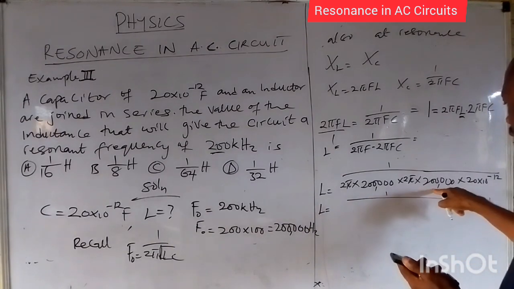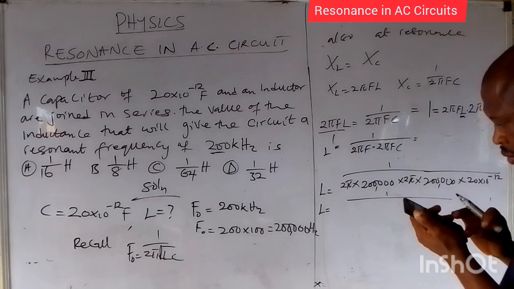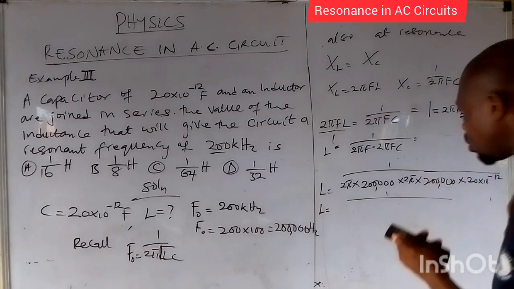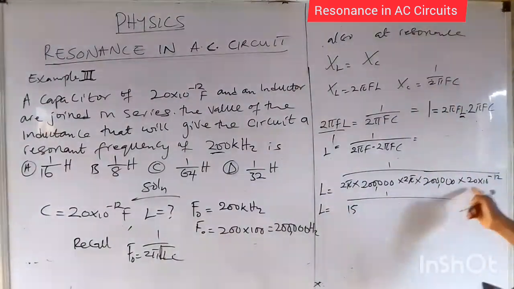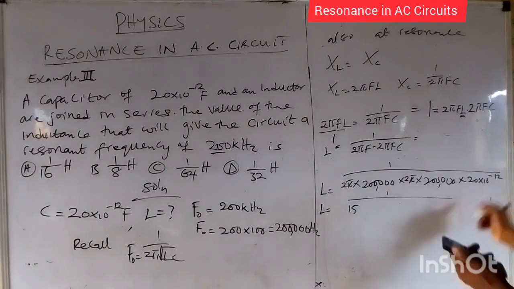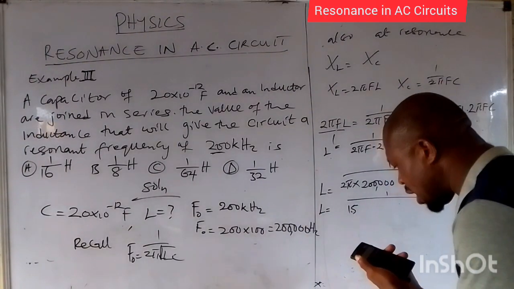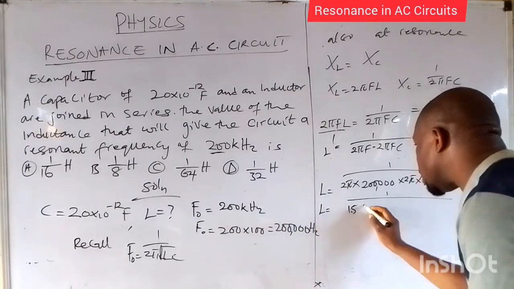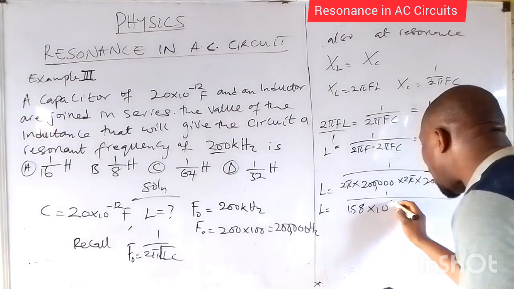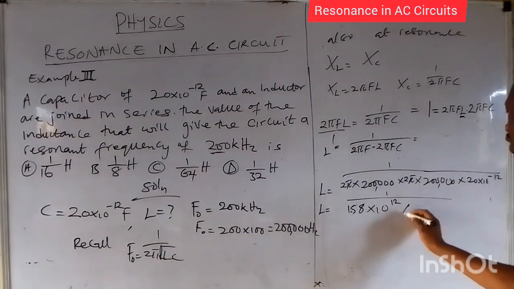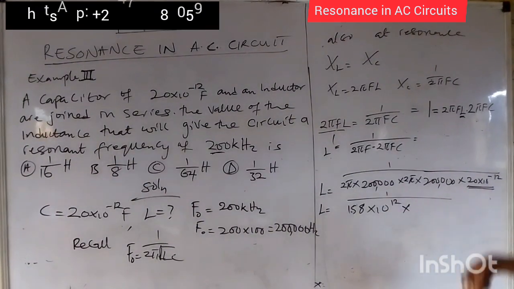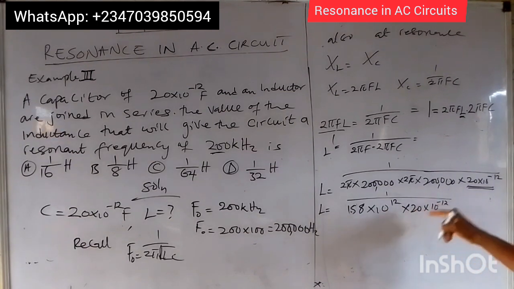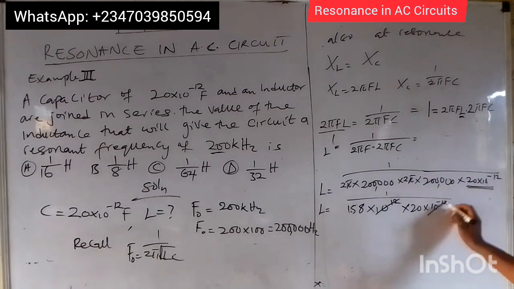which will now give us 1.58 times 10 raised to the power 12, just from here. I've not included this one, which has a negative sign. Multiplied by, now I can bring in 20 times 10 raised to the power minus 12. Of course, the powers of 10 will cancel out.